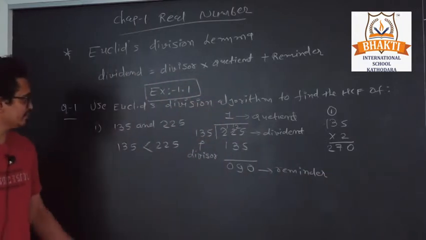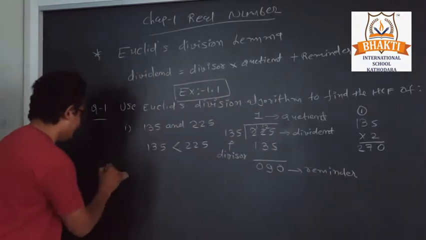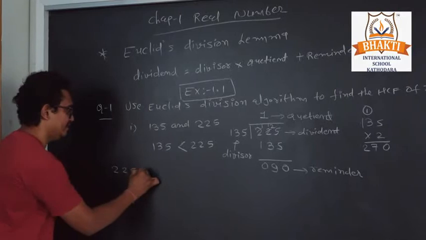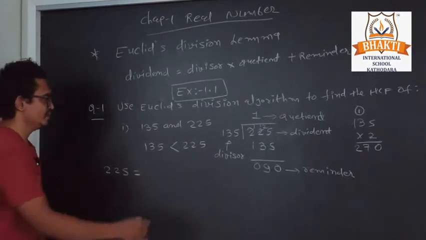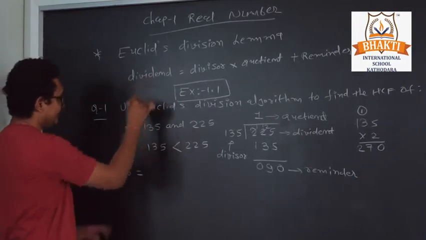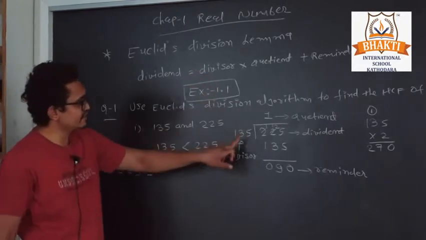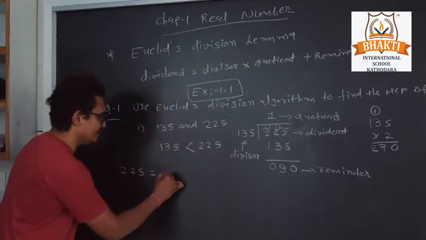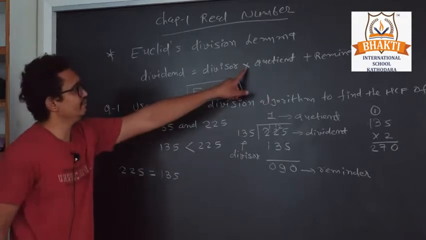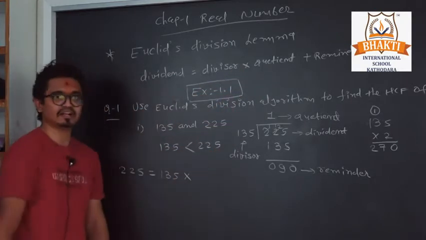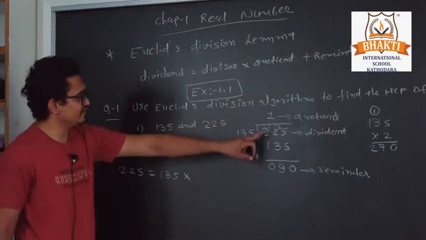Now here we write 225 is equal to, the dividend is 225. What is our divisor? It is 135. Now we put the multiply sign. Which is our quotient?